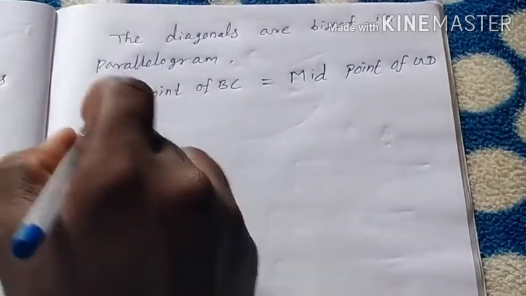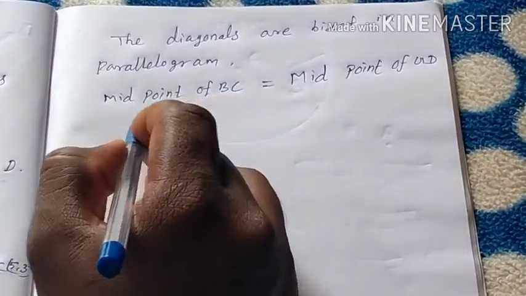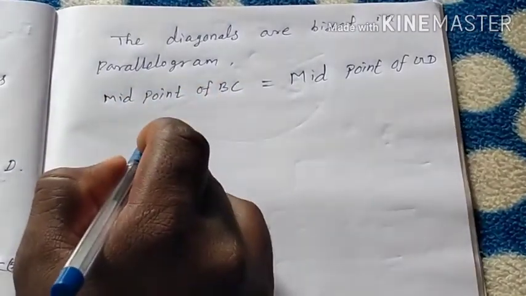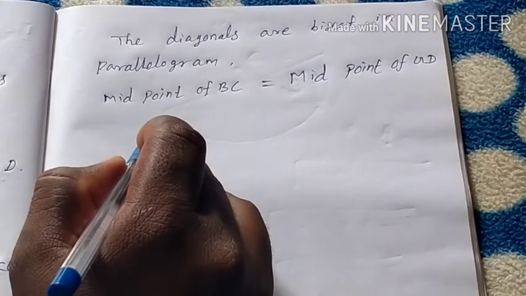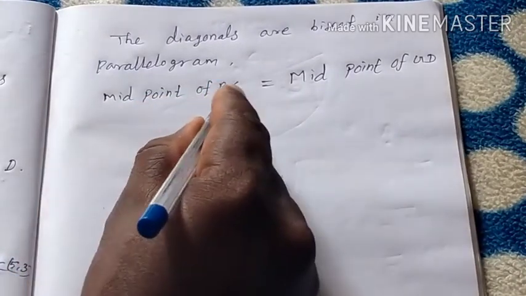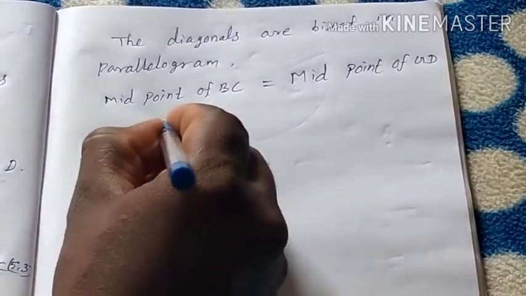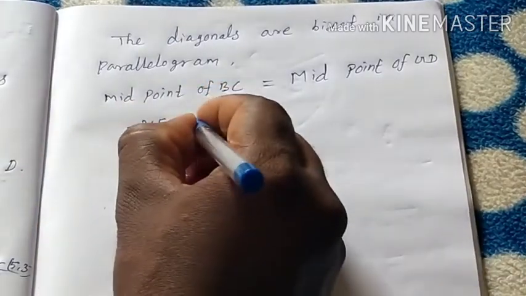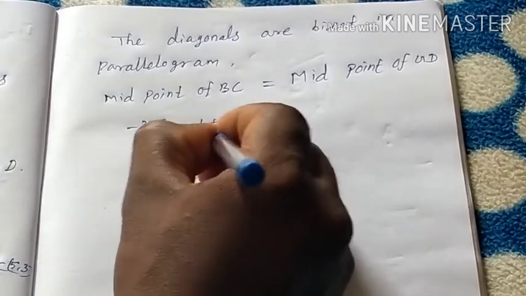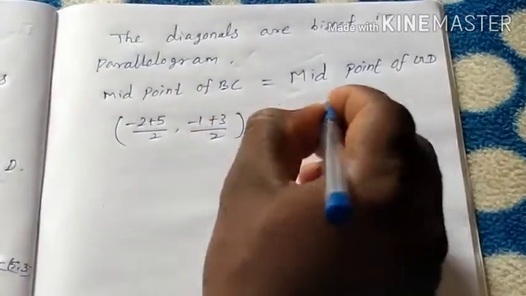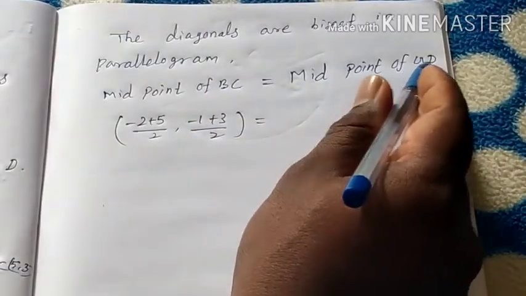The midpoint formula is ((x1 + x2)/2, (y1 + y2)/2). Now consider B and C: (-2 + 5)/2, (-1 + 3)/2, which is equal to the midpoint of GD.